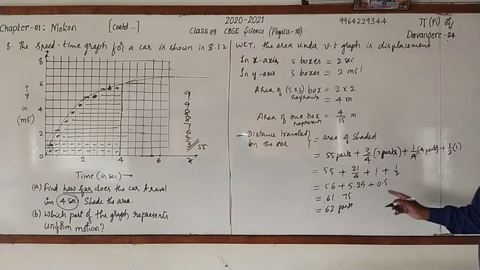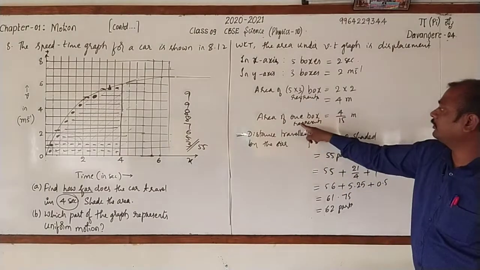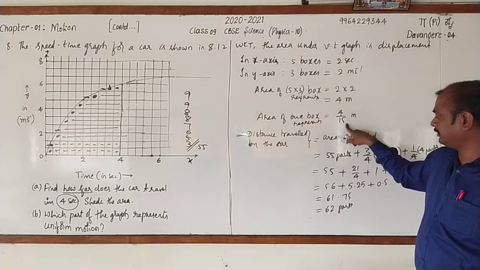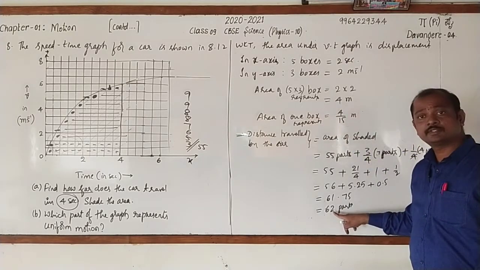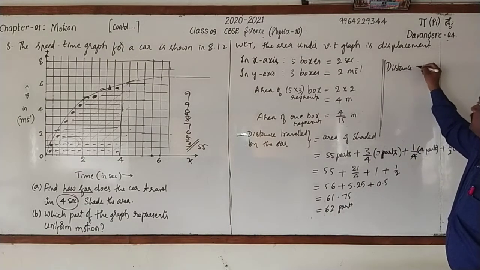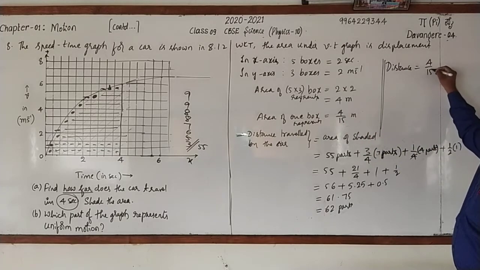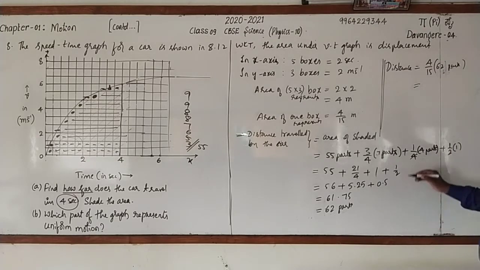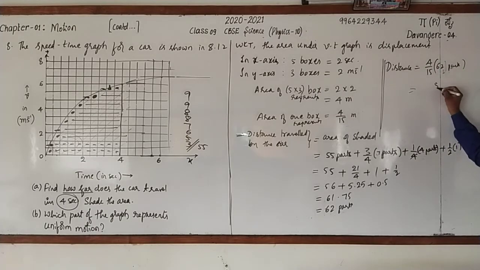Got it? And we know that area of one box represents 4 by 15 meter. Then these 62 parts, here I'll write, distance is equal to 4 by 15 into 62 parts. Now let's go for multiplying this. 62, 4 2s are 8, 4 6s are 24, 248 by 15.